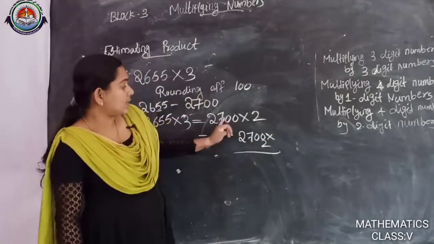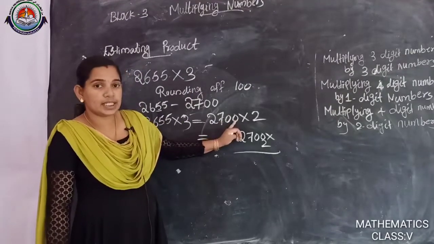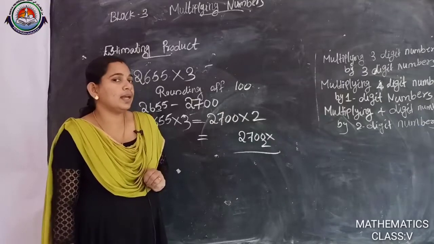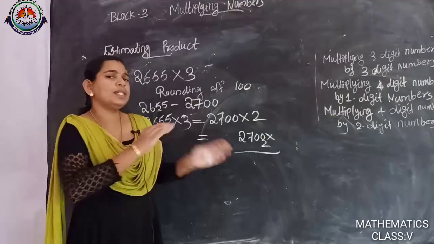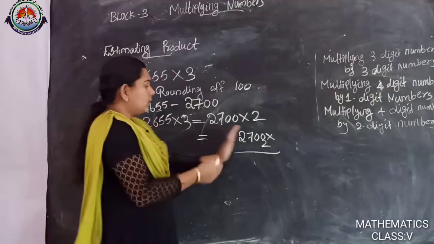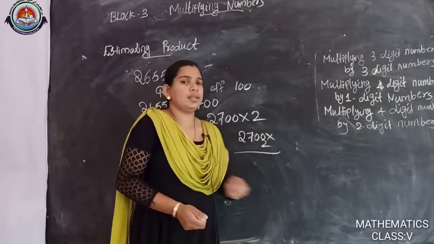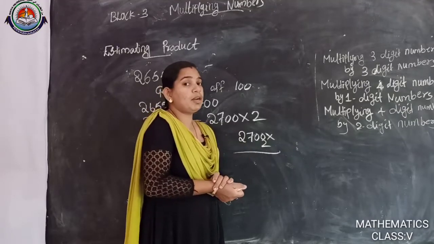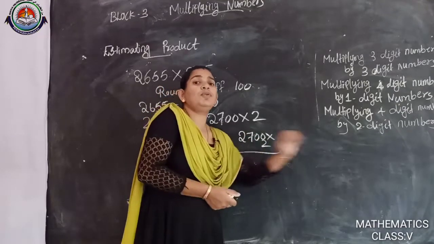In this case, after the number some zeros are there. How many zeros are there? 2 zeros. So you just take those zeros outside. After the number, whatever number of zeros are there, you put that many zeros outside.